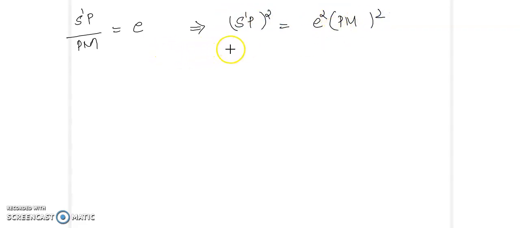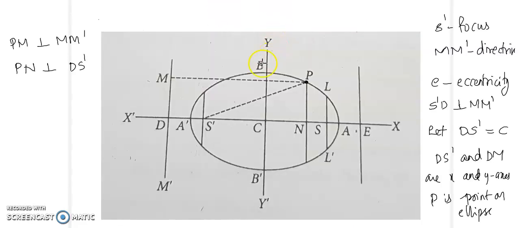Now let us look at the figure once again. ഇപ്പോൾ S dash P എന്ന് പറയുന്നത് the hypotenuse of the right triangle S dash PN. അപ്പോൾ S dash P square എന്ന് പറയുന്നത് S dash N square plus NP square ആയിരിക്കും.